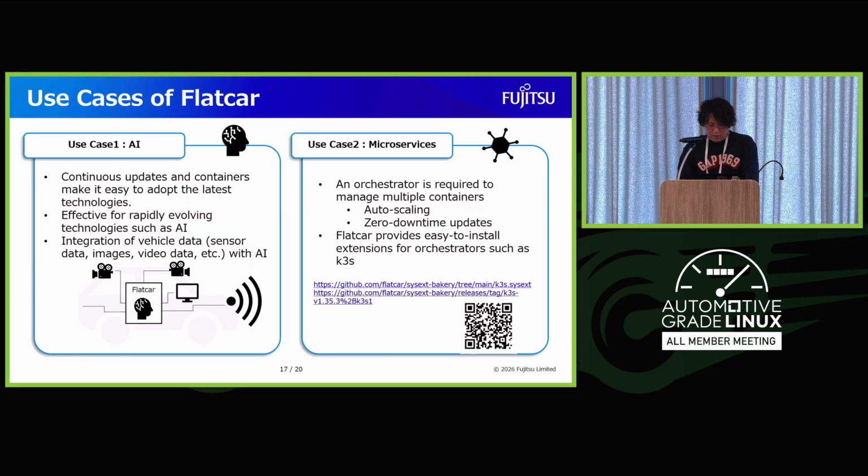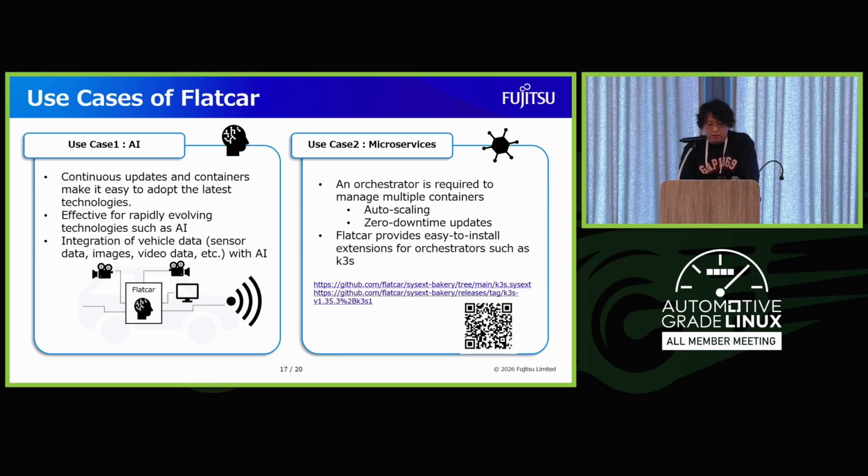Now I will introduce possible use cases of Flatcar. The first use case is AI. AI is a rapidly evolving area, and new models and technologies are developed continuously. By using Flatcar's continuous update model and container-based architecture, it may become easier to adapt these new technologies.